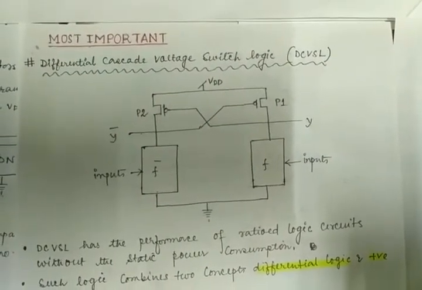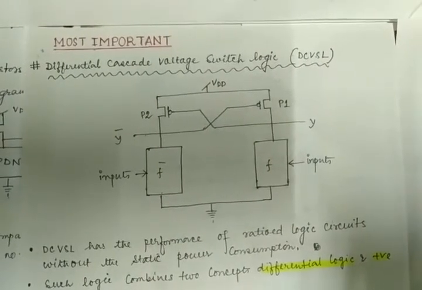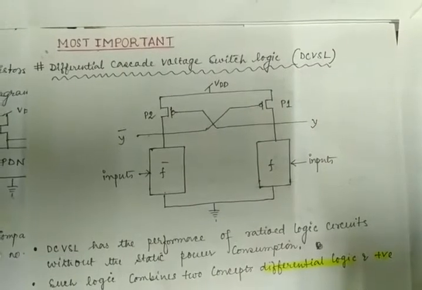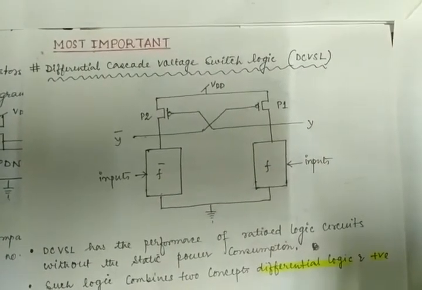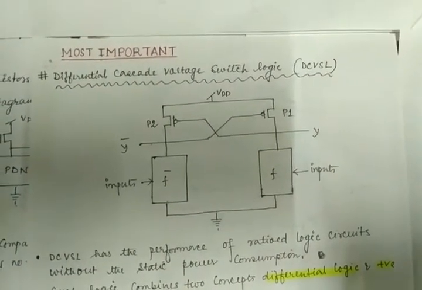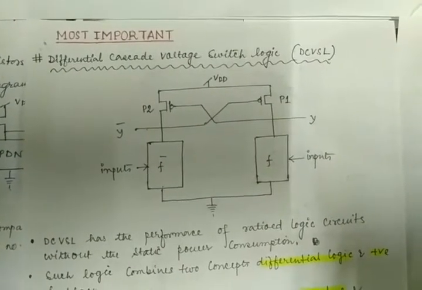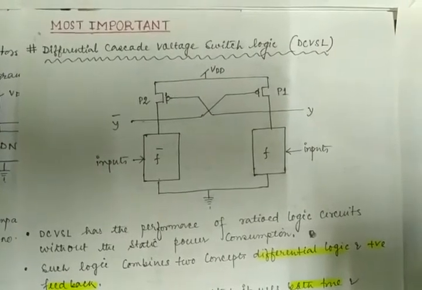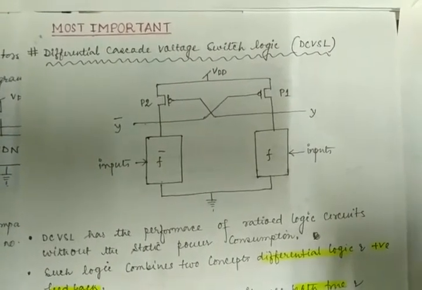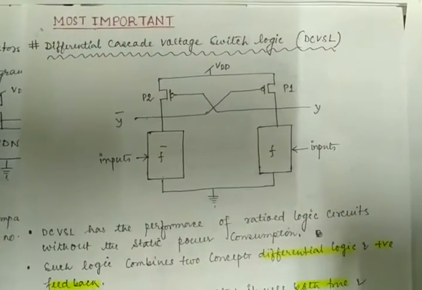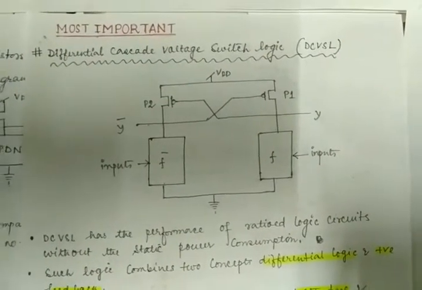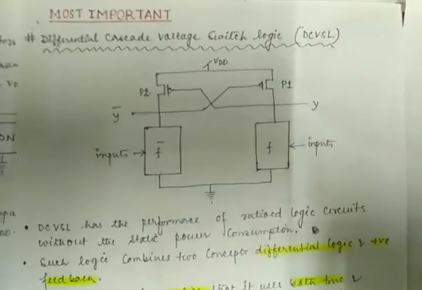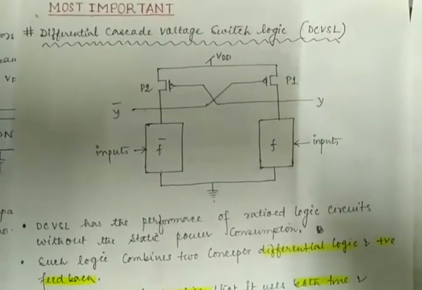By using this concept, we use the logic of pseudo NMOS logic, because in parallel we obtain 1 and 0, but without any static power dissipation, right? So the name differential is significant because it uses both true and complementary inputs, and it generates true and complementary outputs also. I think it's visible from this diagram.